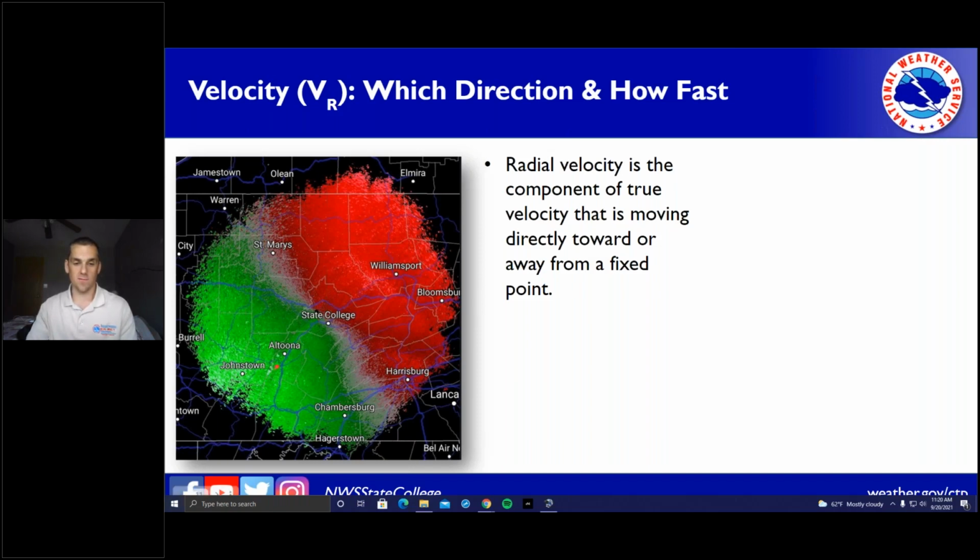So in this case, everything is moving right at the radar, all the greens, and then the reds all moving away. And everything perpendicular is the white here. We're not going to measure anything. So that's another limitation with radar: as you get particles that aren't moving directly toward or away from it, you're going to measure lower wind speeds at that point.